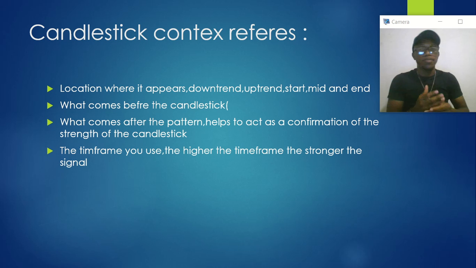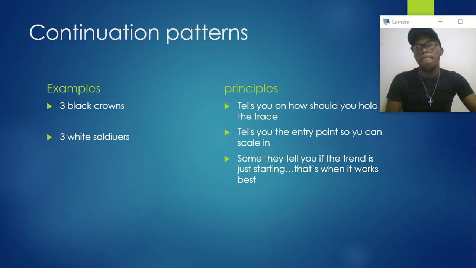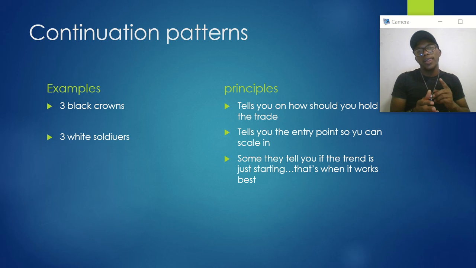So there is also what you call the continuation patterns. We have 2 examples, which are the three black crowns and the three white soldiers.